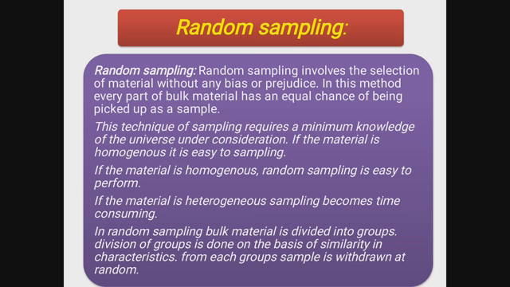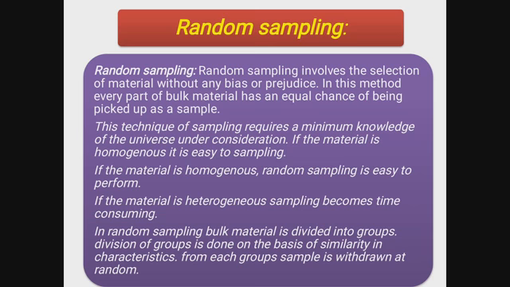So there are different types of the random sampling. In random sampling, we divide the sample into various groups according to their characteristics, and samples are drawn or withdrawn from the given bulk material after dividing into the groups, and sampling is done.